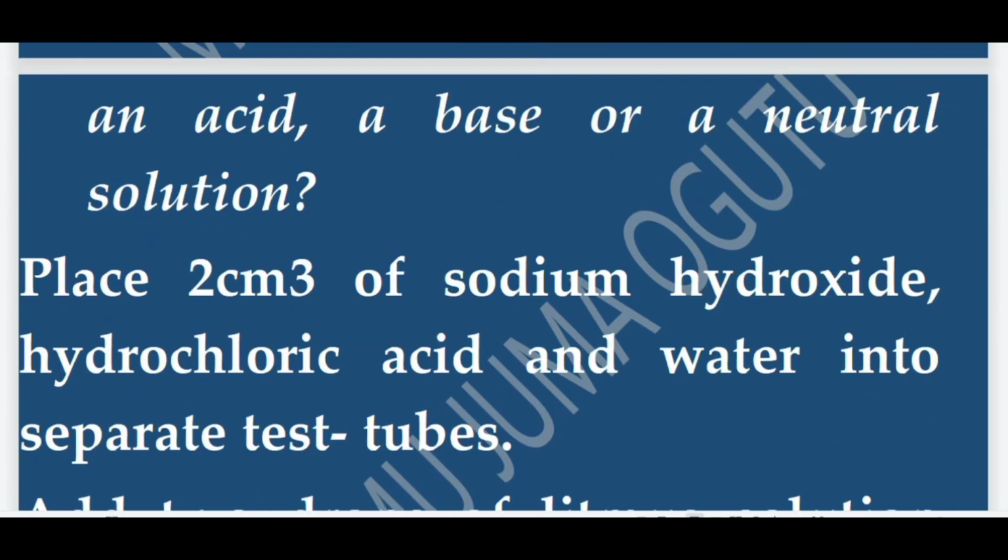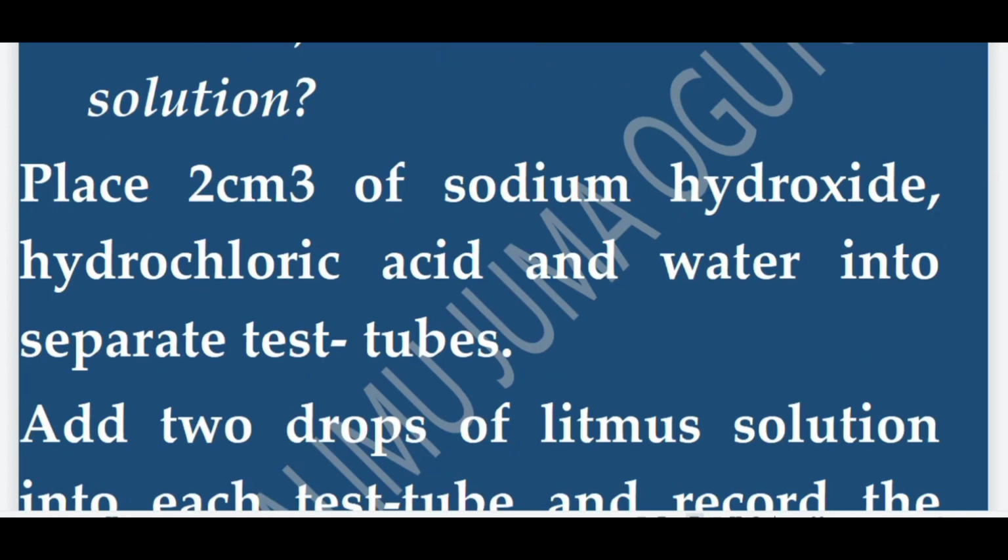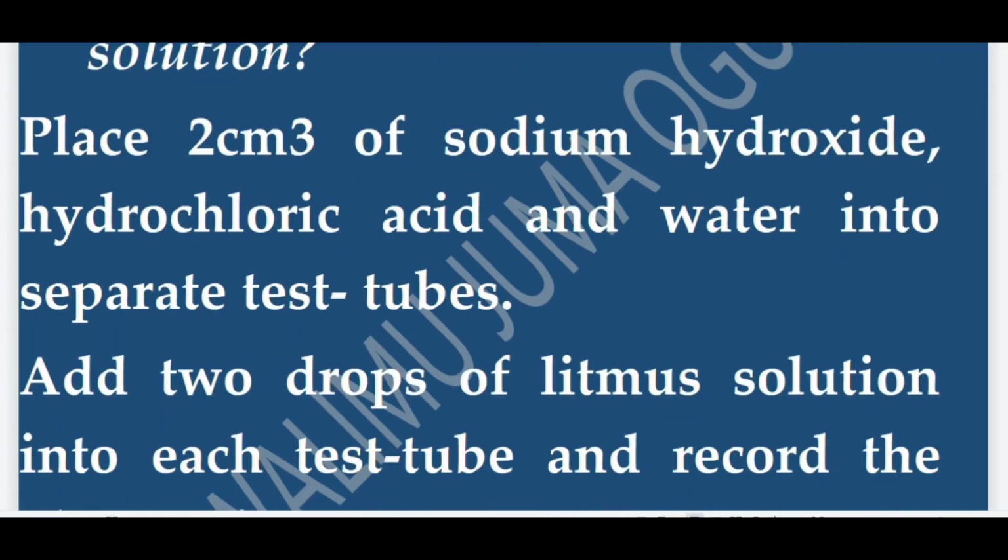The procedure: we place 2 cubic centimeters of sodium hydroxide, hydrochloric acid and water into separate test tubes. So you have three separate test tubes into which we are placing 2 cubic centimeters of the substances.